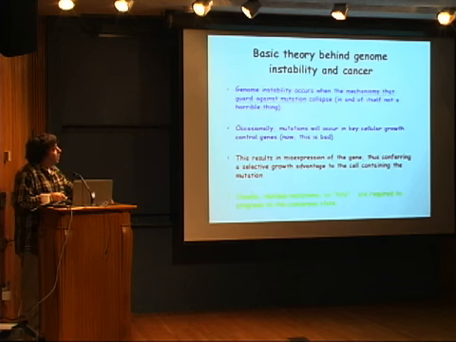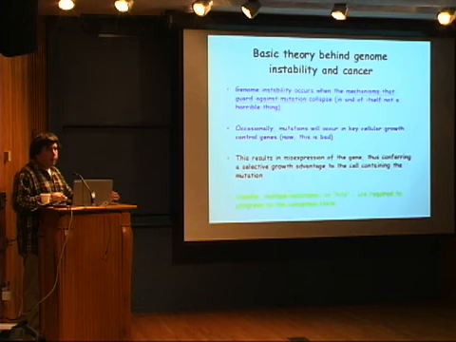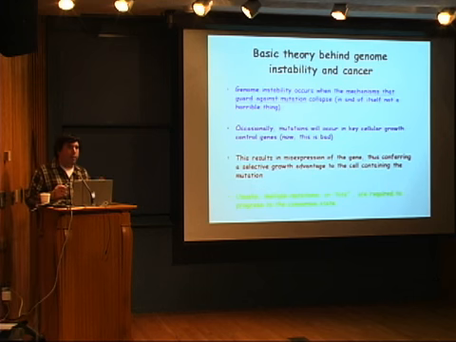What does occur in cells that have lost the capacity to protect against mutation is that mutations will arise and occur at high frequency. Then occasionally a cell can pick up a mutation in a key cellular growth control gene. This is when things start getting really bad, okay?